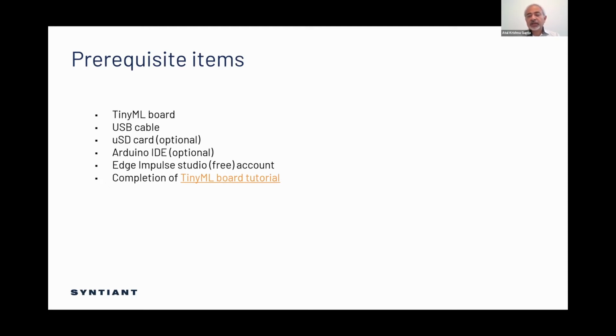When you collect more data, you will want to save it directly on the micro SD card, and with the Arduino IDE you can format the data however you like. So these two things are optional for getting started, but when you really want to complete the project, you will need them.